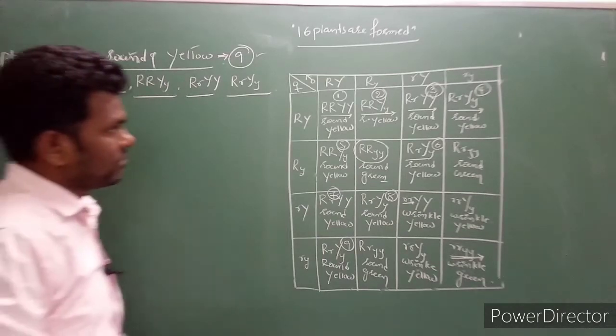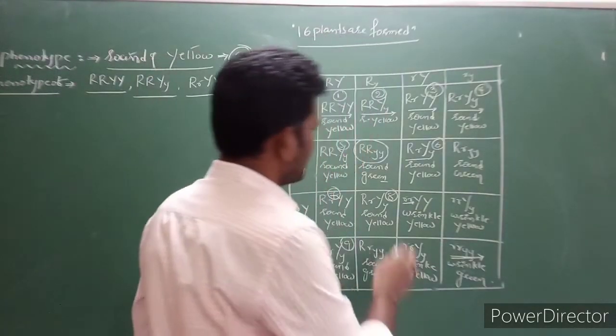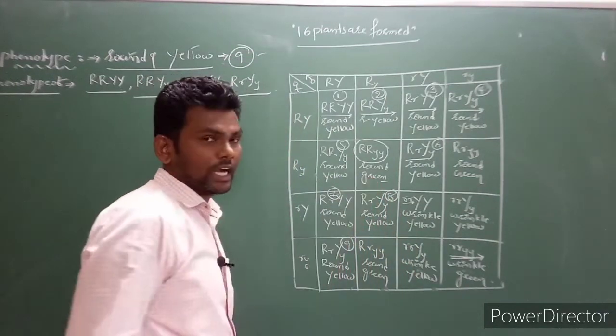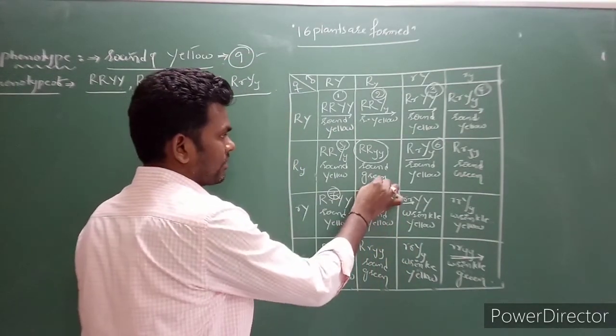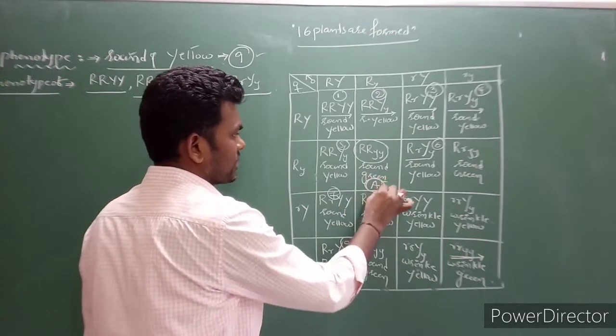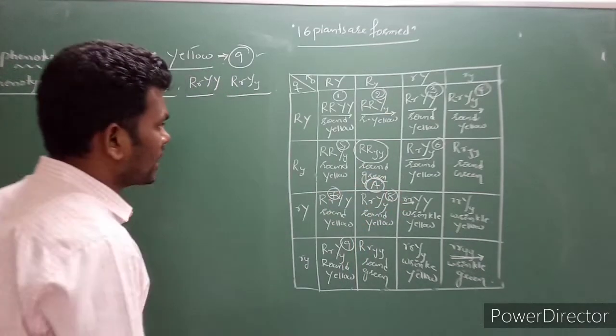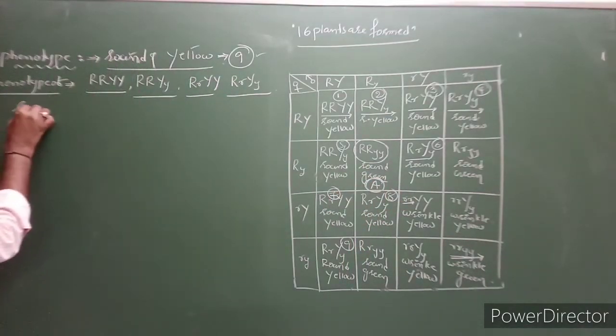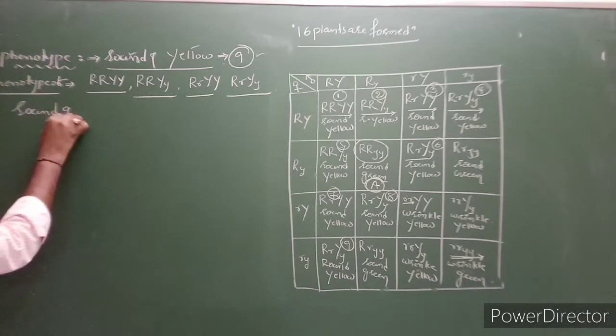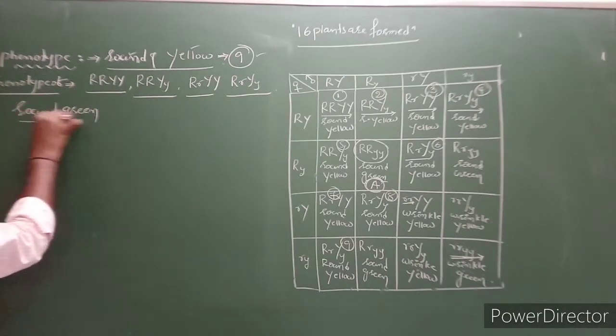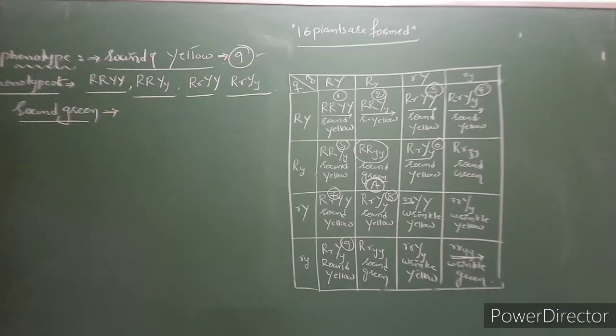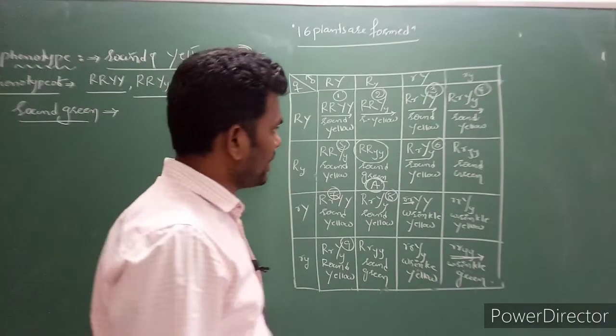So second phenotype, second character. Choose the second character. Where is it? Yes, this one. Round green. Just indicate A for our better identification. A. Round green. How many plants are there? Round and green.